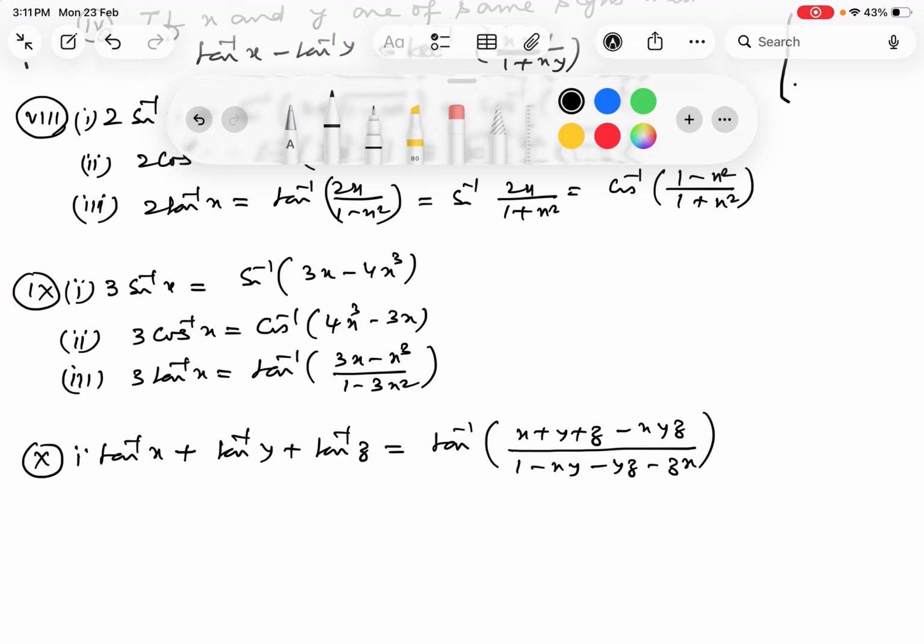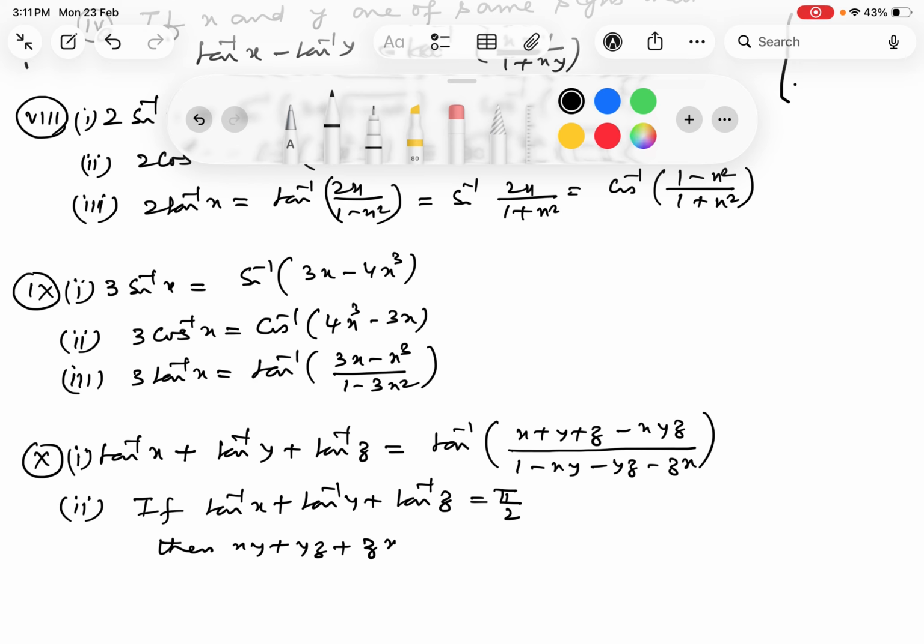Now in this second result is, if tan inverse x plus tan inverse y plus tan inverse z is always equal to pi by 2, then the condition is xy plus yz plus zx is always equal to 1.